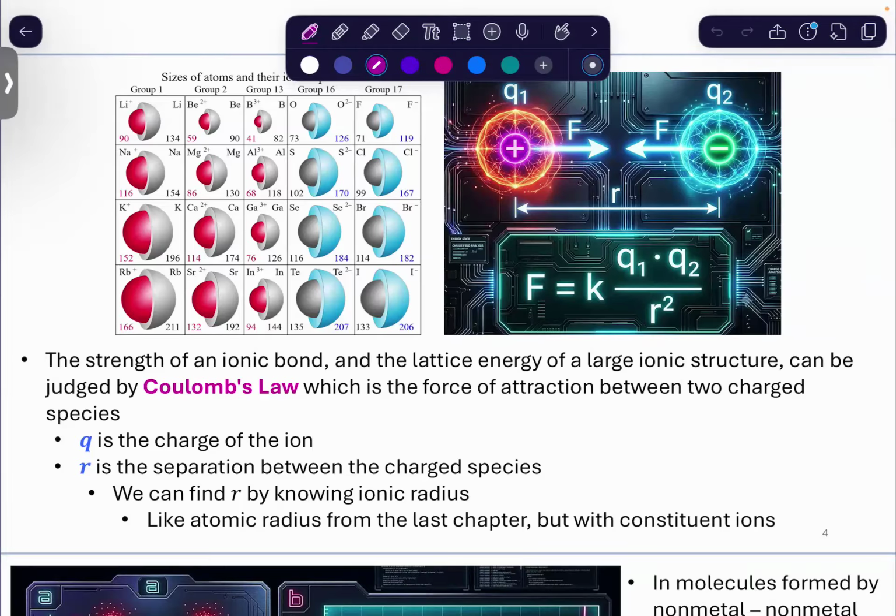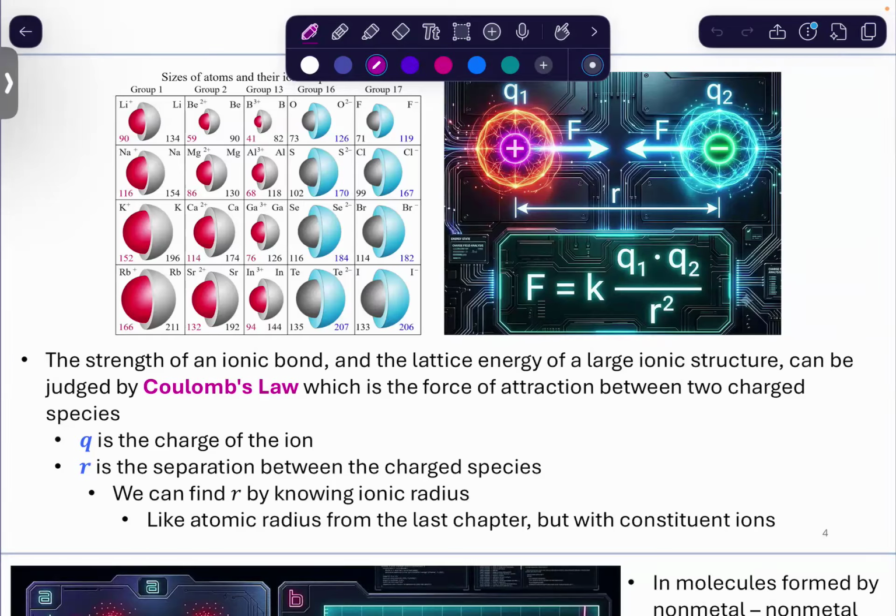You see we have ionic radius over here on the left. What are some things about that? You notice as an atom becomes a positive ion, the radius gets smaller. If you think about that, when you remove electrons, more of that positive nucleus is exposed to the remaining electrons, so it's going to pull those electron shells in tighter, making the ions smaller than the atom.